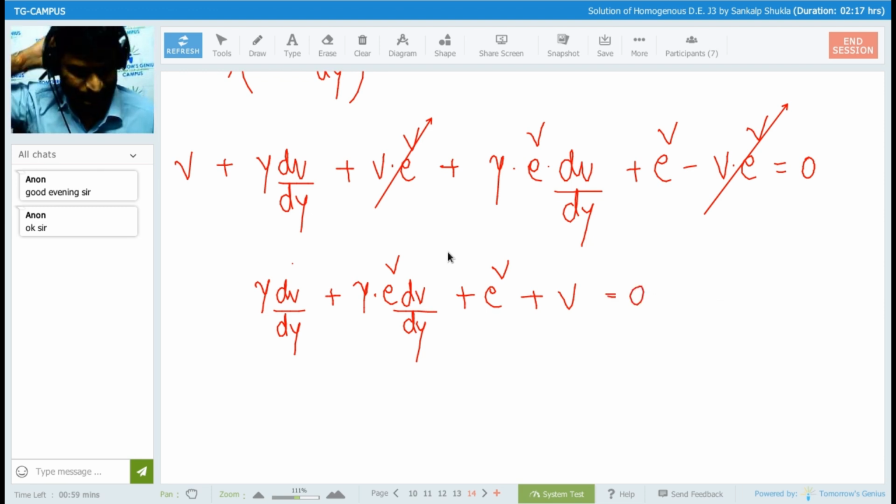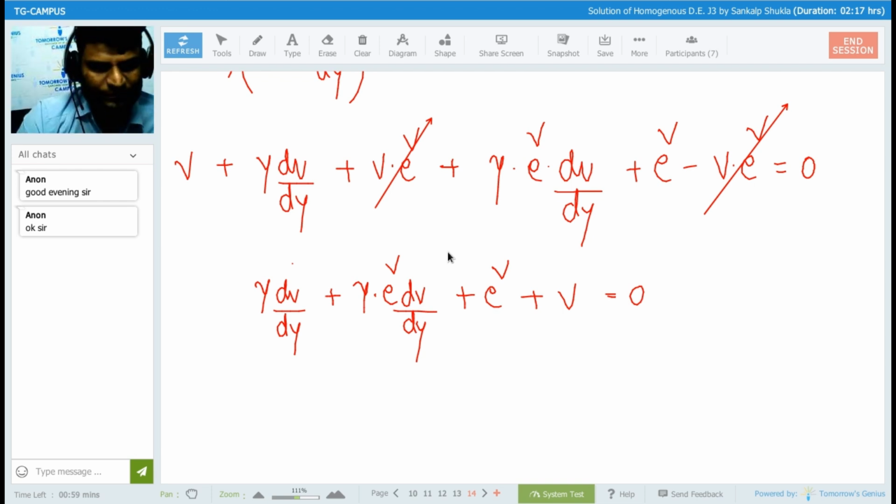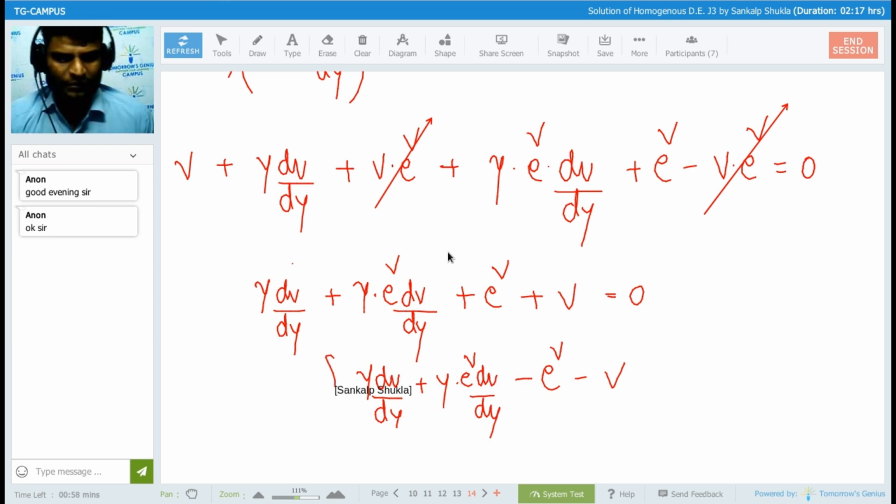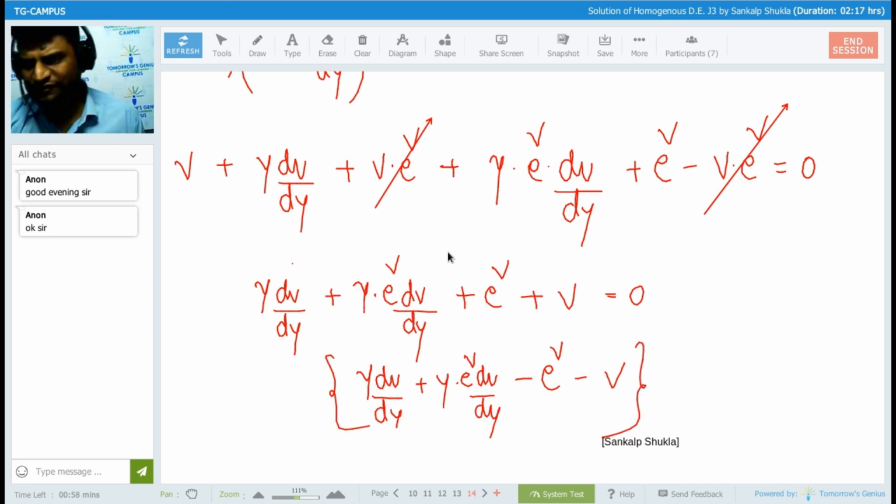So it can be written as e raised to the power v minus v, y dv by dy plus y into e raised to the power v dv by dy. Right? So now from here you can easily separate the variable.